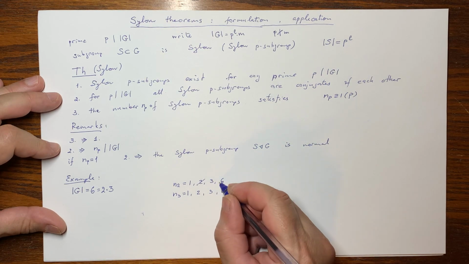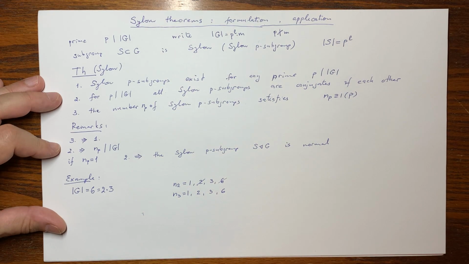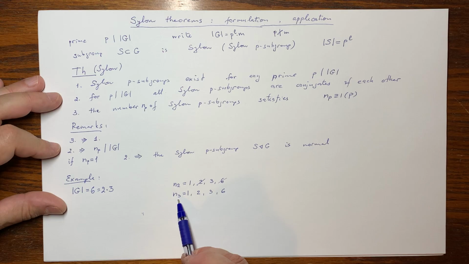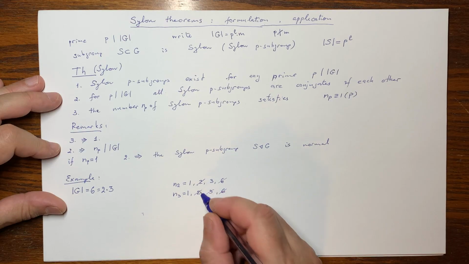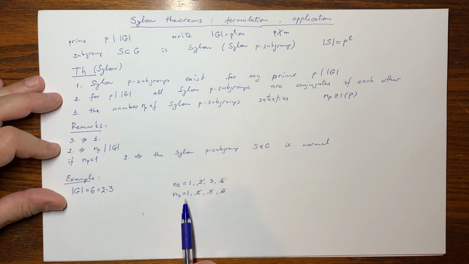So these are not possible. In the 3 subgroup case, the number has to have remainder 1 modulo 3, and so of course 6 and 3, but 2 as well are forbidden. And we have the situation where we have a unique Sylow subgroup and hence a normal subgroup.